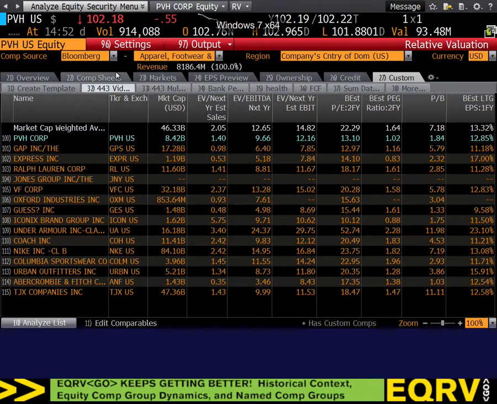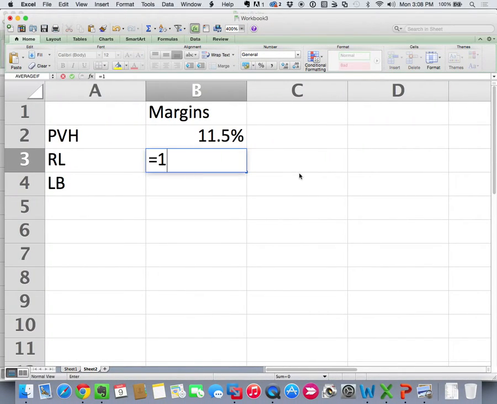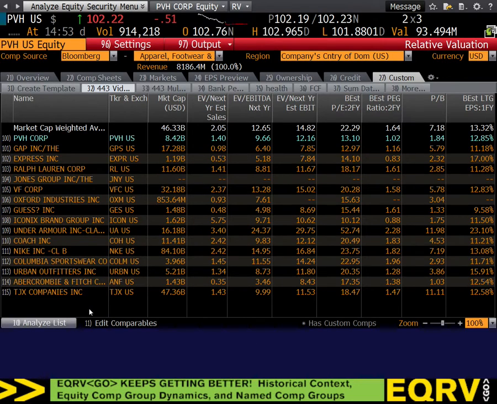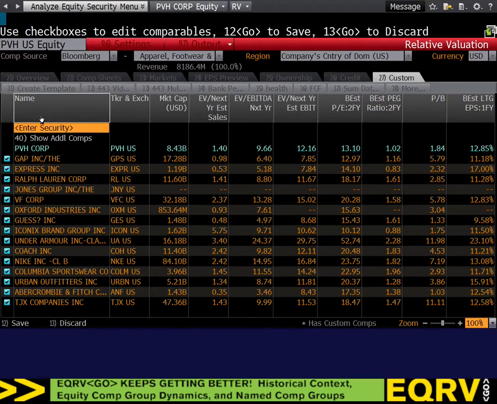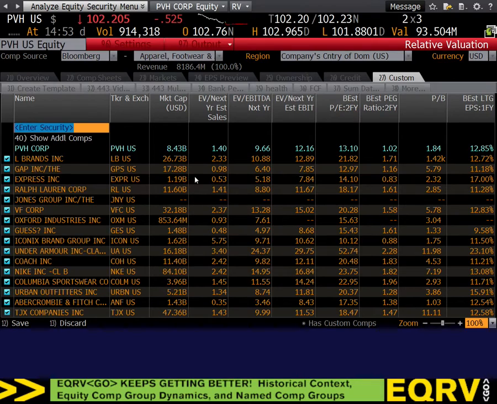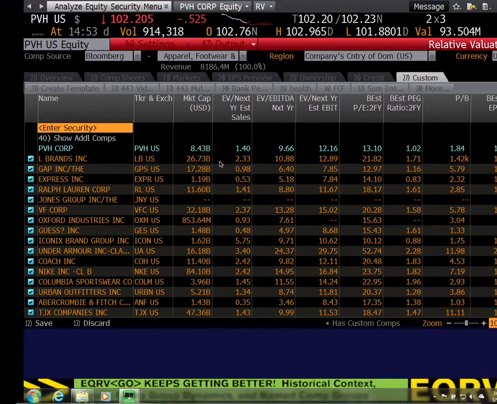Ralph Lauren, 1.41, 11.67. The market is expecting a 12% margin from Ralph Lauren. L Brands. Here's Victoria's Secret. 2.33.